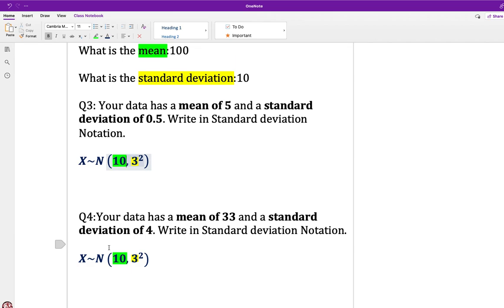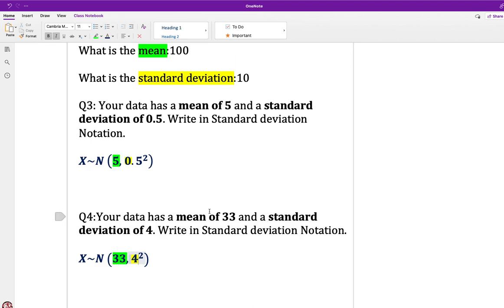All right, answer time. So for this one, my mean is 5, and my standard deviation is 0.5. Well, this one has a mean of 33 and a standard deviation of 4. Now, I could be mean one time, not this mean, but a different mean.